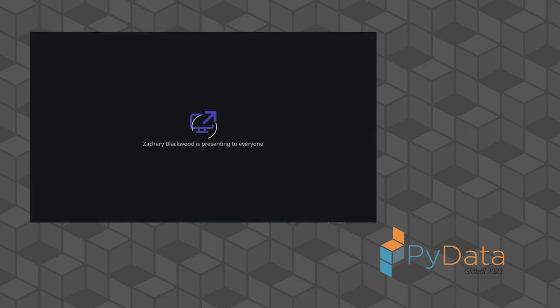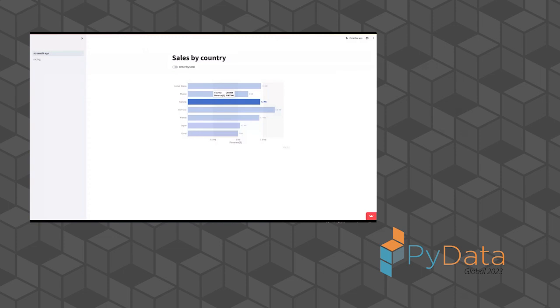So I want to show you today. We really want you to get started and get your hands dirty. So we tried to make a good way to do that. And so what you have here is PyData-global.streamlit.app. It's a very exciting app. You see it's got two pages here.